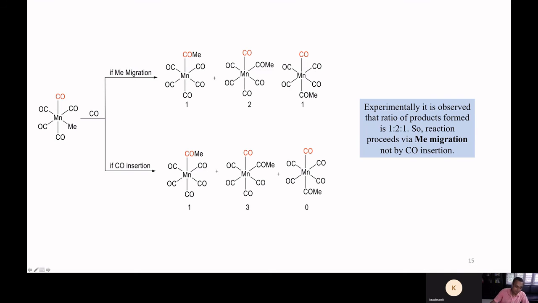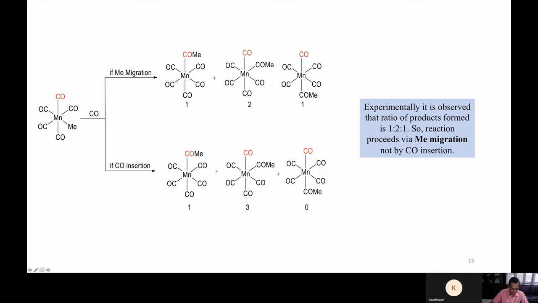Now, if CO is inserting into the manganese methyl bond, this CO can insert, this CO can insert, this CO can insert, all of these three can give the same product because the vacant position will be taken up by the next CO, right? Of course, this CO can also insert. So 1, 2, 3 and 4. These 4 COs can insert over here.